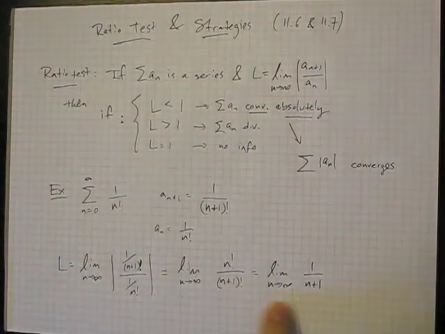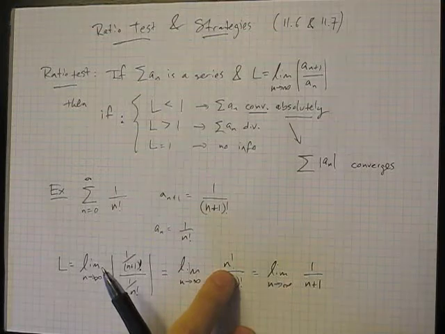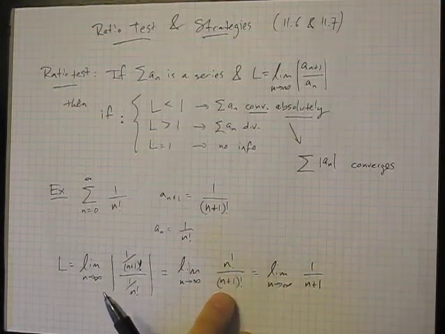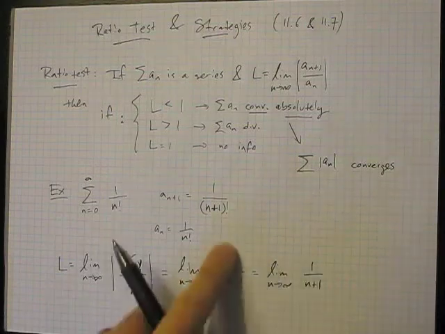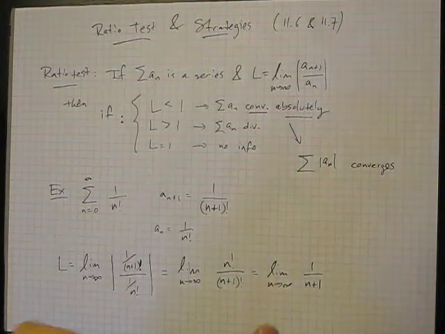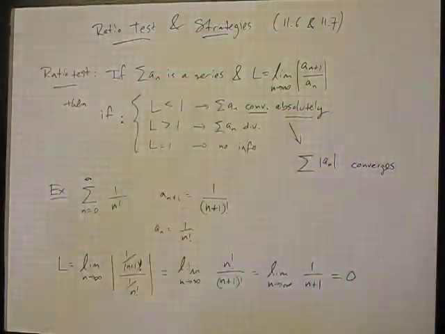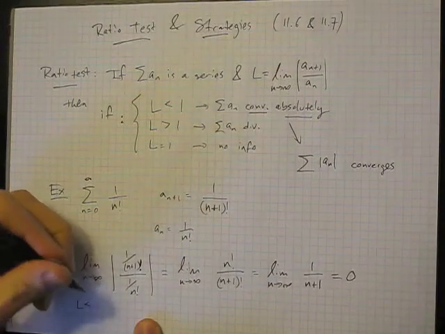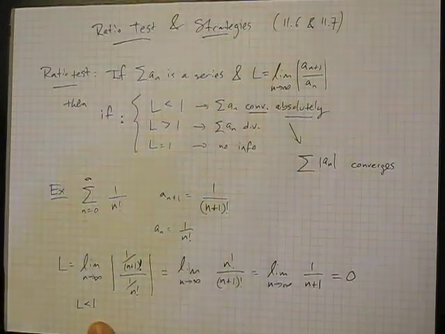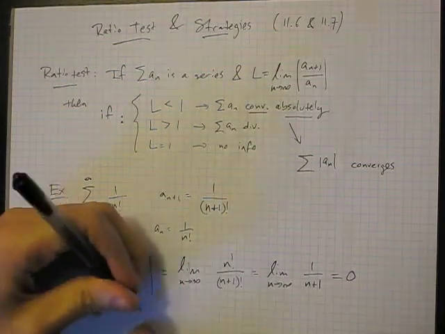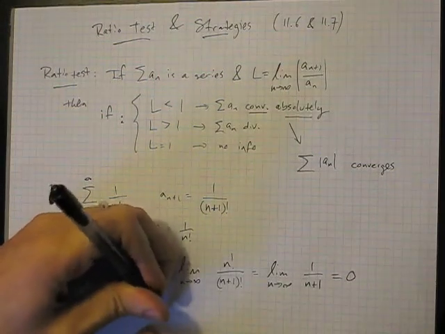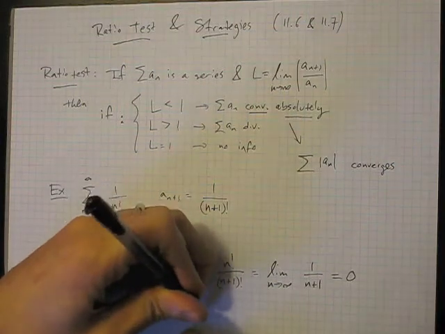So we covered this in class. You have the product of the numbers 1 through n up here, and the product of the numbers 1 through n plus 1 down here. So what's left when you do the canceling is this, and this limit is 0. So L is less than 1 because it's equal to 0. Therefore, the series converges. It converges absolutely.